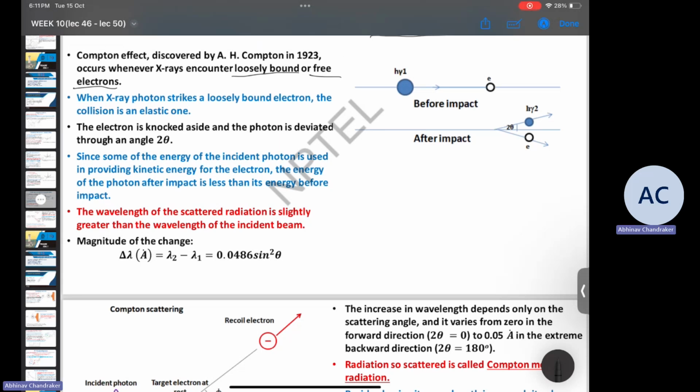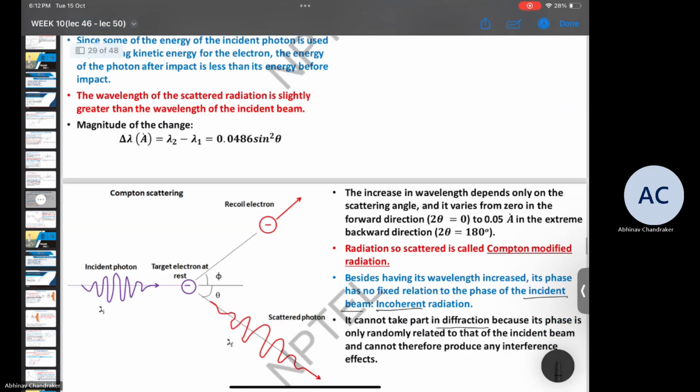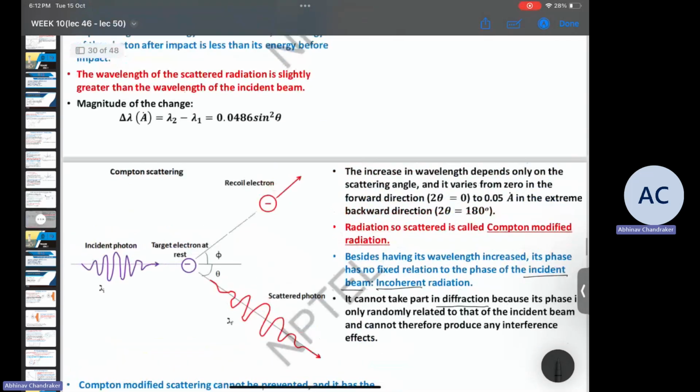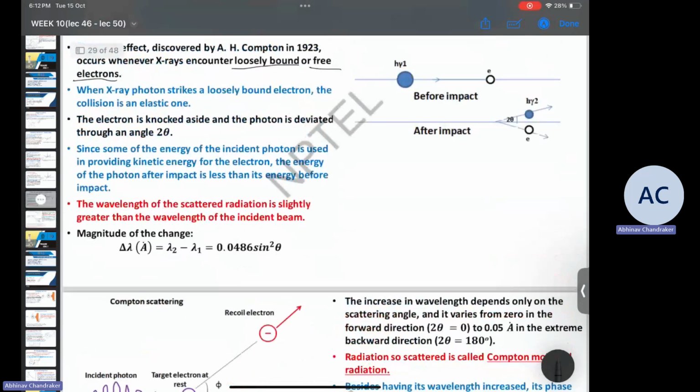So what it means is that there will be a phase difference between different X-ray beams that are emitted from the electron from its oscillation. Also, there is some loss of energy when the interaction is with a loose or free electron.